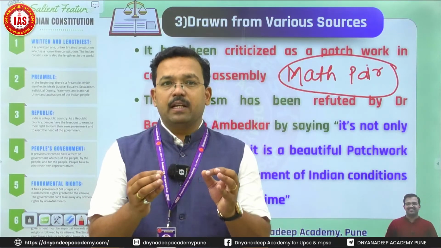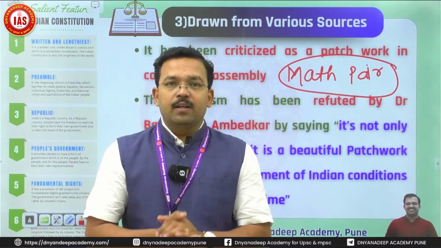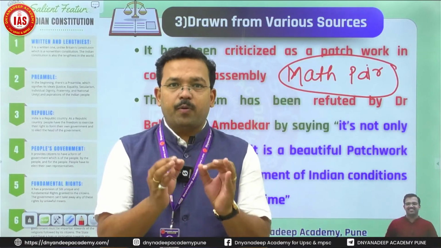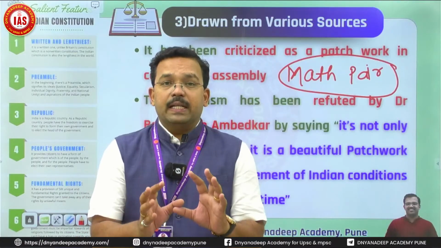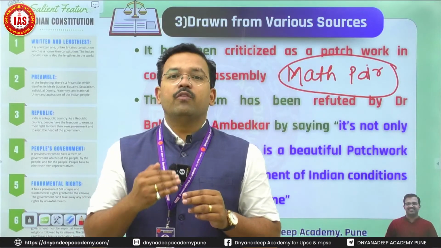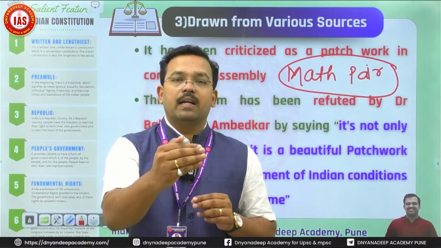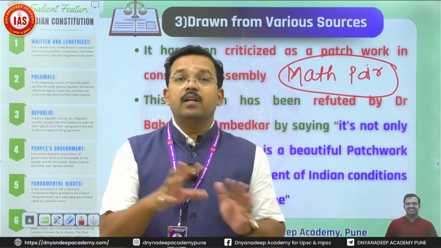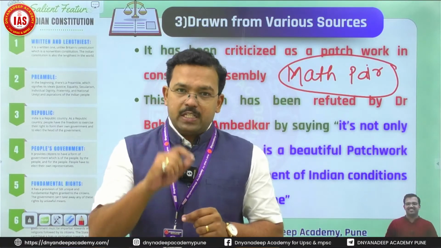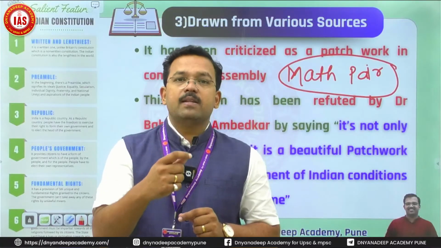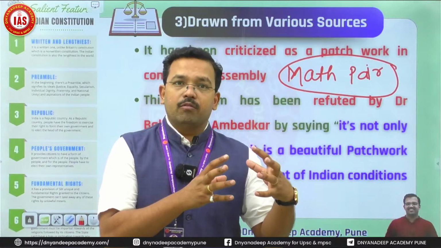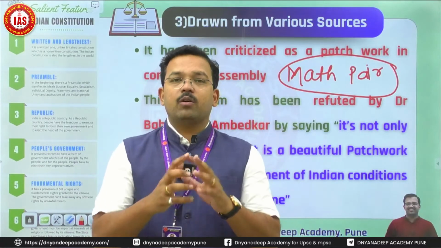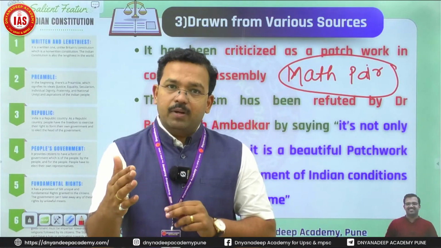Babasaheb said that every country went through the same set of problems, same set of issues, and same set of difficulties in their journey to a full-fledged, good democratic country. So we must learn from them: at which point of time what difficulty they suffered, what solution they brought into their constitution, what amendment they made.